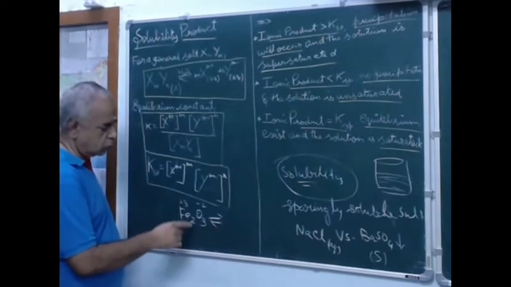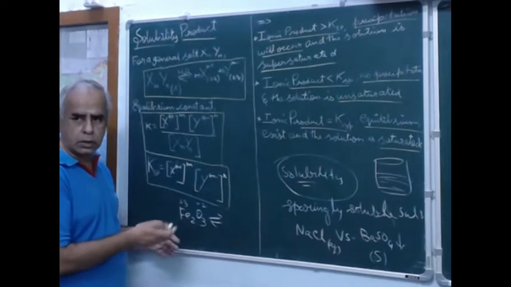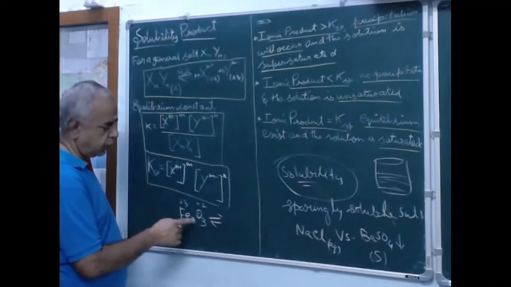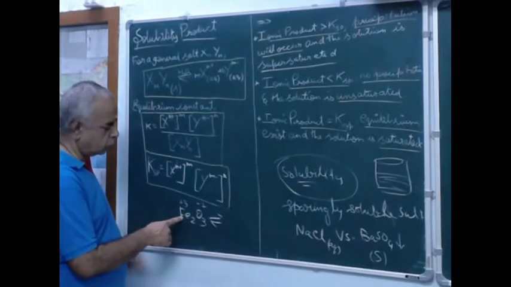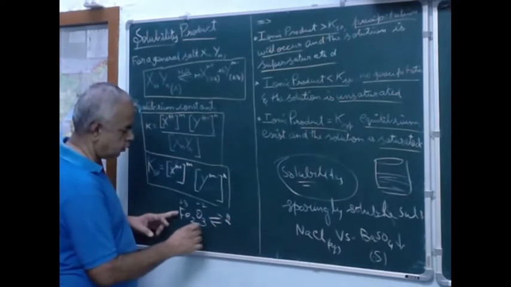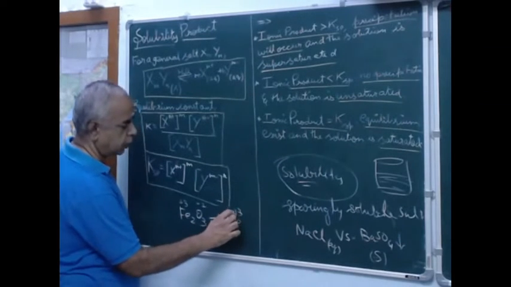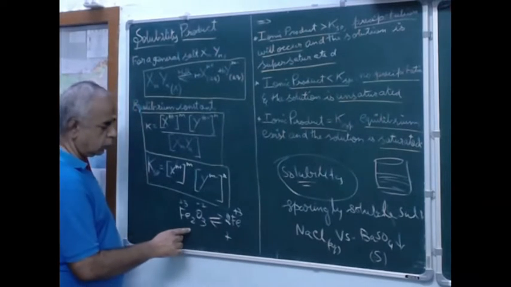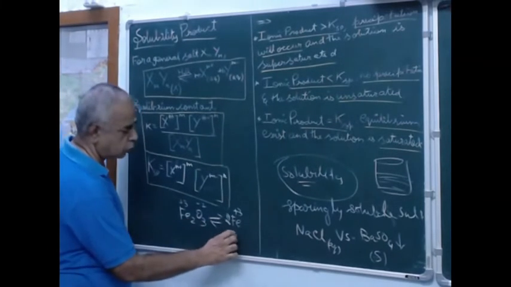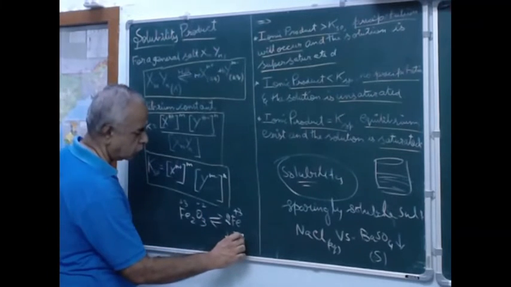Are you able to follow? In lower classes, you would have studied the crisscross method. So Fe has 3 valency, oxygen has 2 valency. So you have 2 atoms of Fe with the valency +3, and 3 atoms of oxygen, so 3 O2 minus.